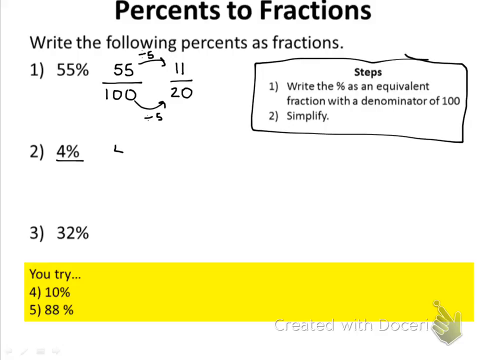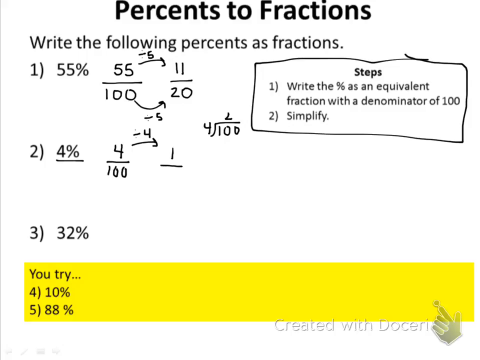That means 4 out of 100. So 4 out of 100 can be simplified. We can divide both the numerator and the denominator by 4. 4 divided by 4 is 1, and 100 divided by 4, in case you can't do it in your head, 4 can't go into 1, but 4 can go into 10.